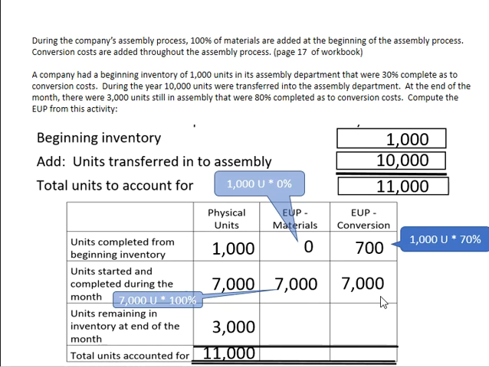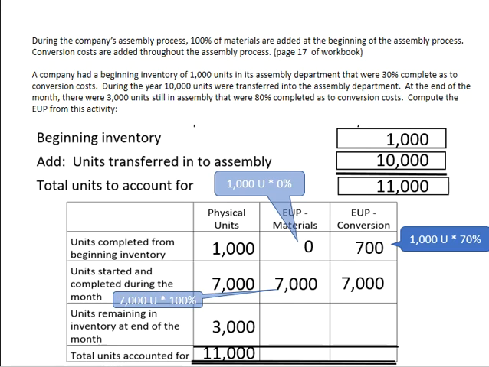Now we go to units remaining in inventory at the end of the month. There were 3,000 units still in assembly that were 80% complete as to conversion cost. But remember, these units were started and haven't been completed. They're remaining in our inventory at the end of the month. So they started out at 0 and ended up at 80%.